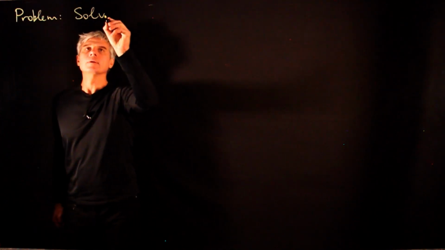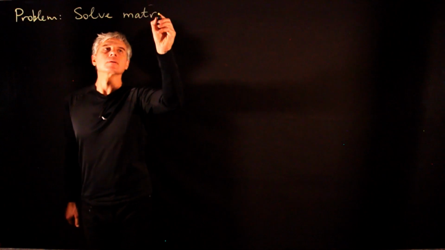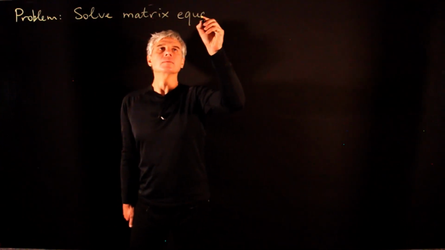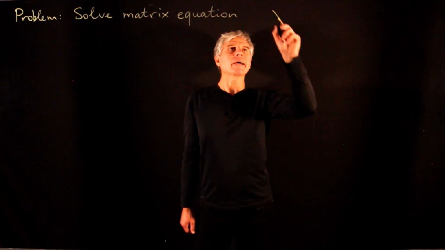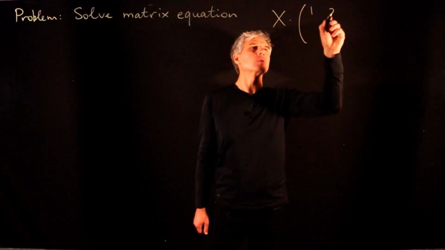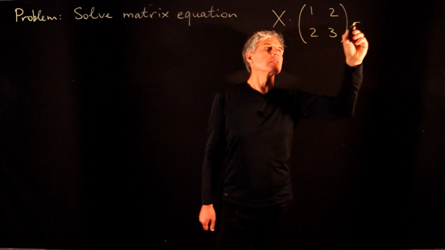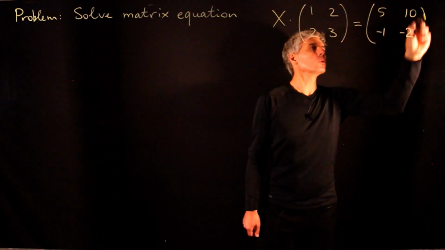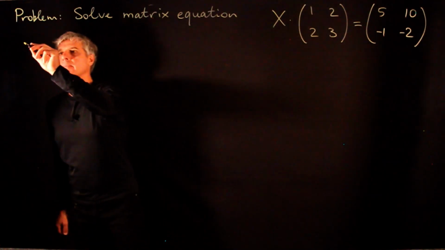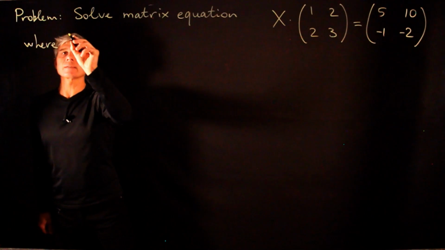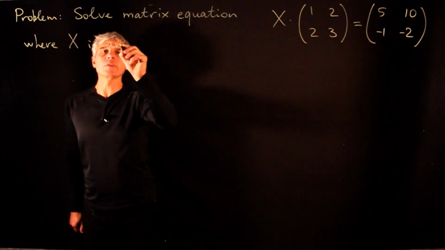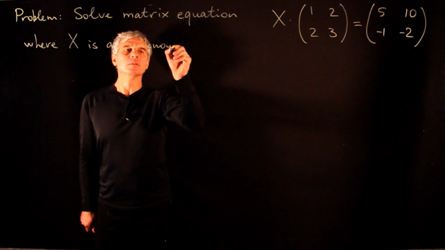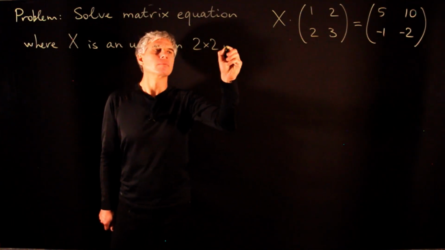Problem. Solve the matrix equation X times the matrix 1, 2, 2, 3 is equal to the matrix 5, 10, negative 1, negative 2, where X is an unknown 2 by 2 matrix.